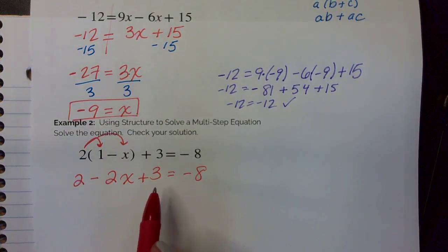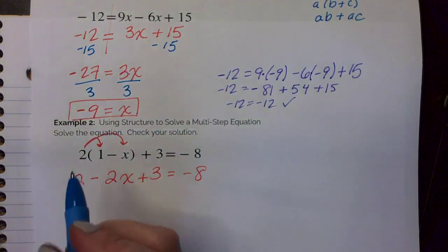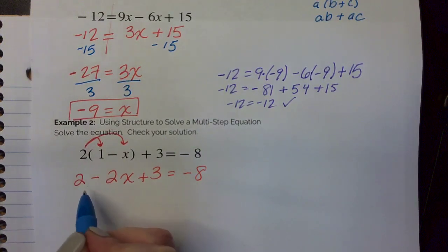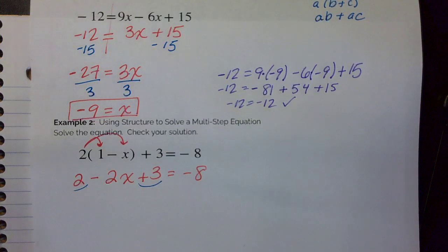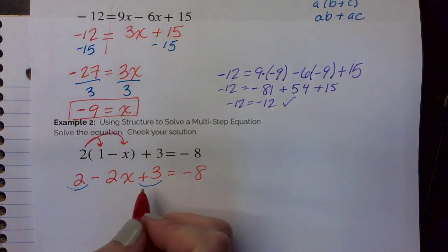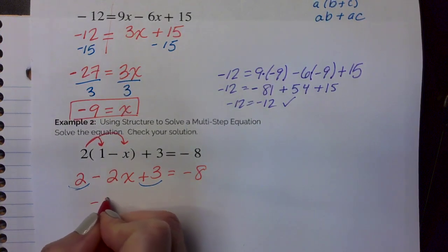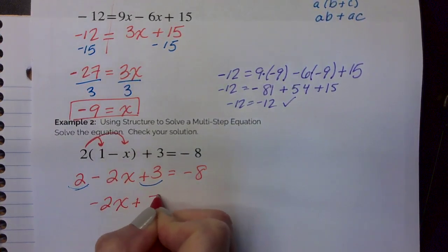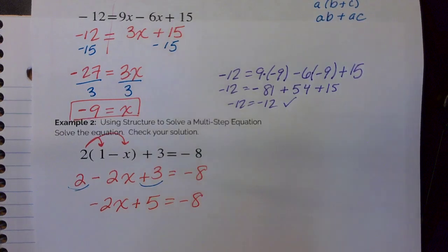Now we combine like terms. This term and this term are both constants. And somehow we're going to combine those to get a positive 5. So we have negative 2x plus 5 equals negative 8.